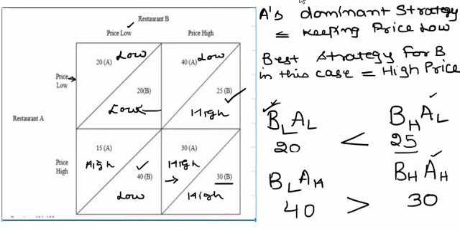So this is the situation when we have Nash equilibrium. Okay, the situation which is best for both the firms. So the Nash equilibrium is established at the point where B is keeping the prices high and A is keeping the prices low.